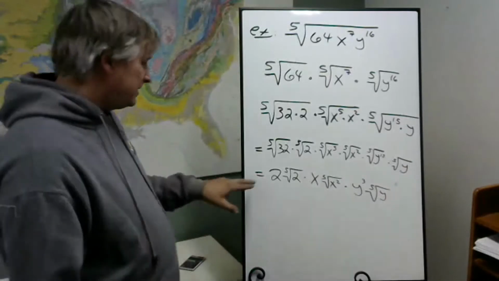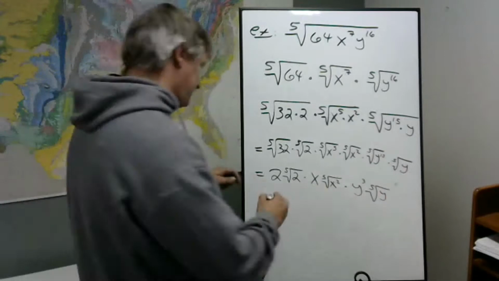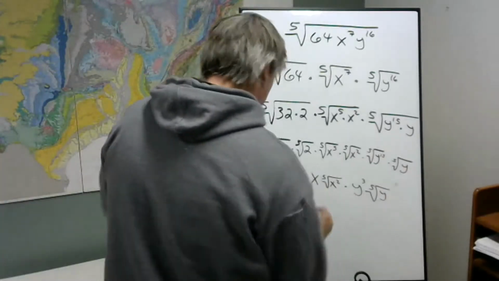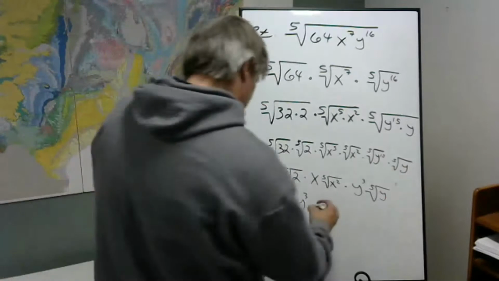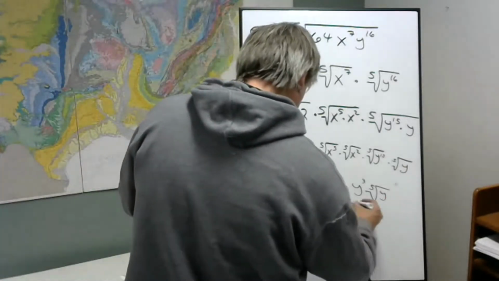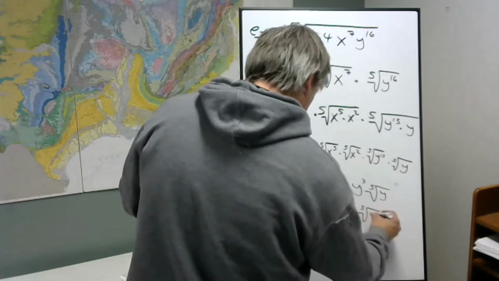And what we can do is we can merge things that are not in roots. So we have 2xy cubed. Then we have our roots. Fifth root 2, fifth root x squared, fifth root y.